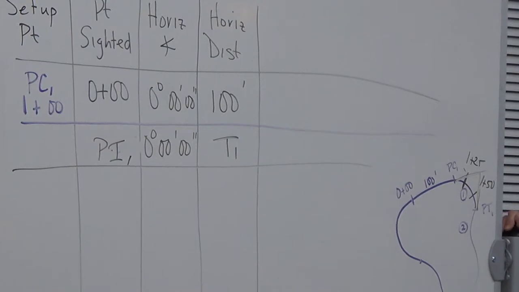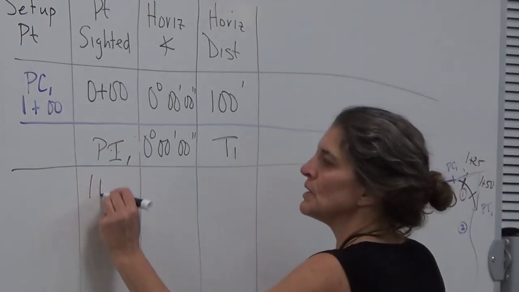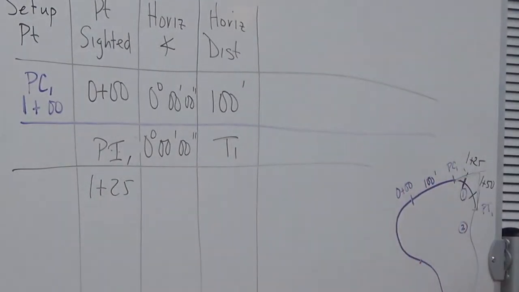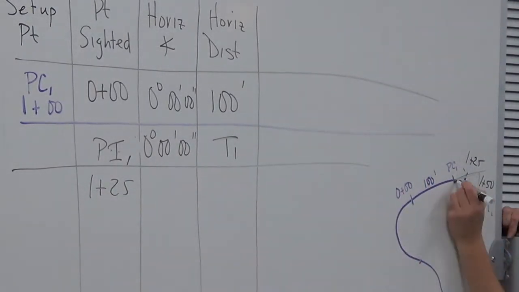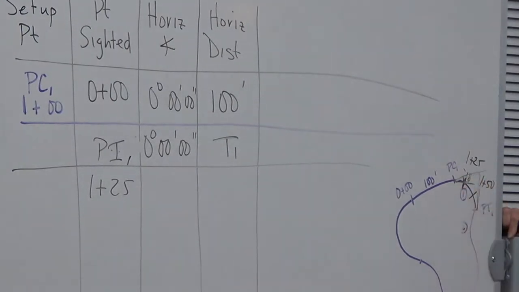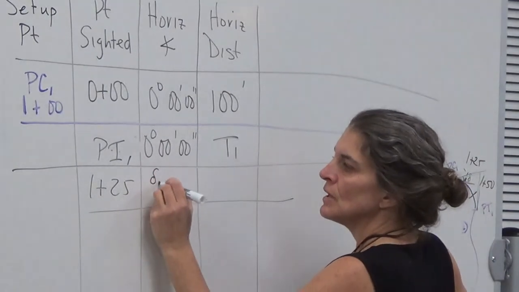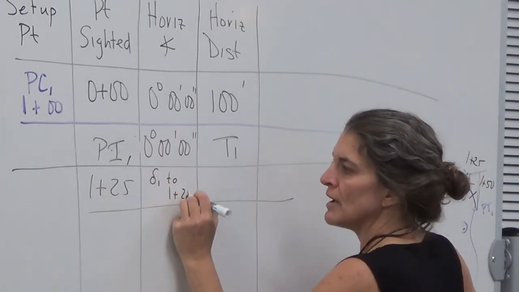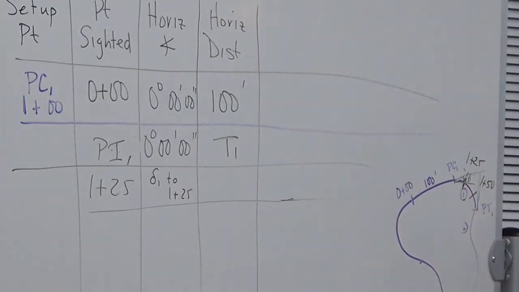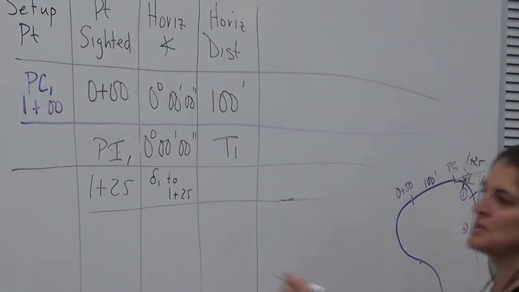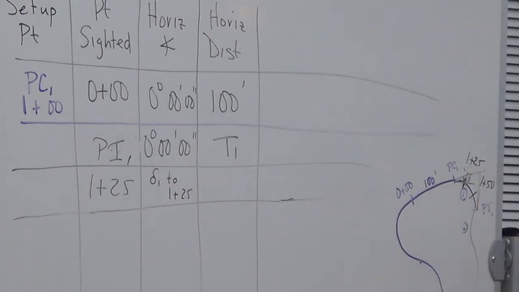Okay, so the next point I would cite would be 1 plus 25. And what angle would I turn? Whatever that deflection angle is, right? Just the deflection angle to 1 plus 25, whatever that value happens to be. And then what's the distance? 25 feet?